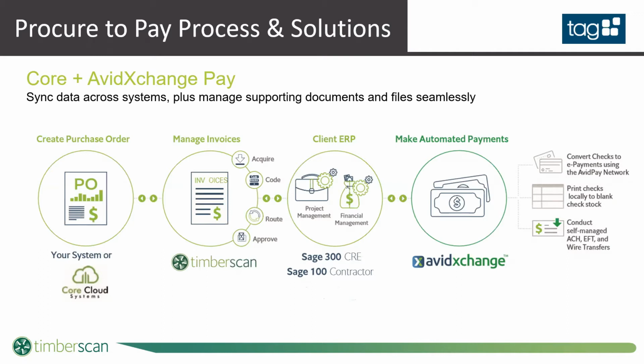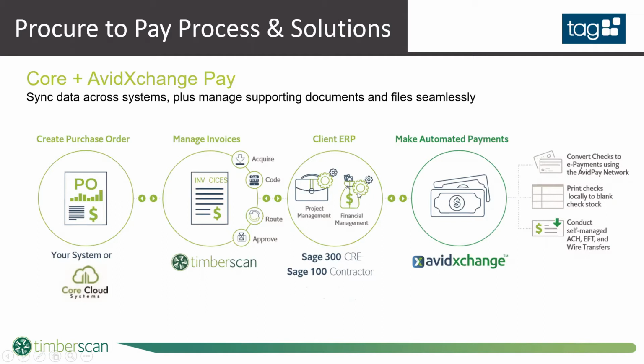You can capture, route, and approve invoices and documents within the system. Once those invoices are approved, they flow into this 3rd step, right into Sage without rekeying any data. So virtually no paper has been exchanged at any point so far.